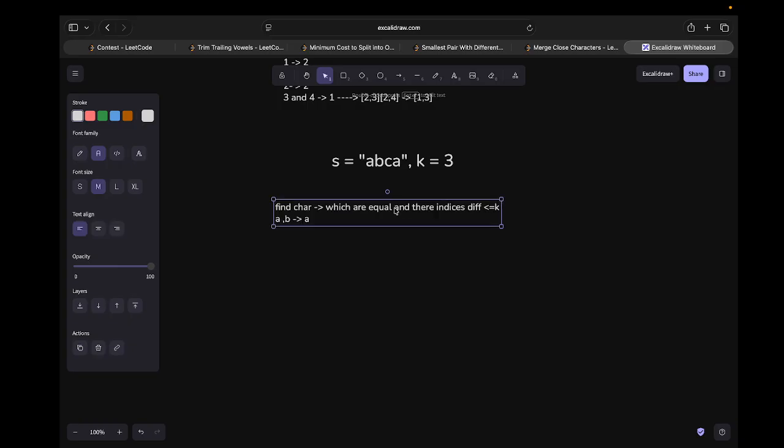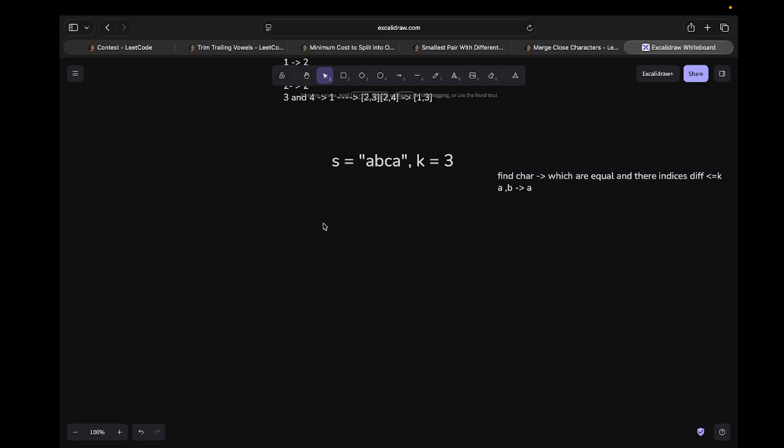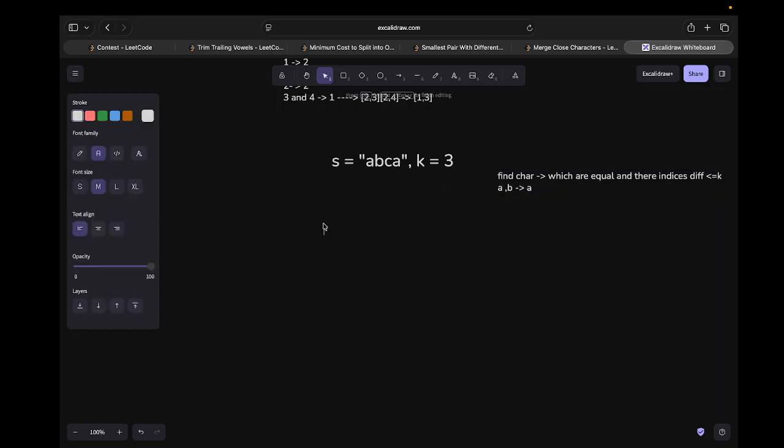Let's understand it by the example. See, first we have a, the second character is b, which is not equal to the previous one we have already seen. The next is c, which is also not equal, because it is the first time we see it. Then we move to the third index.